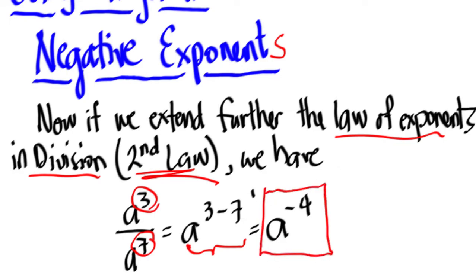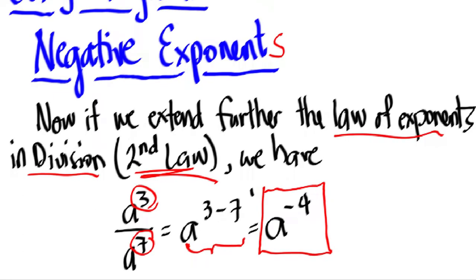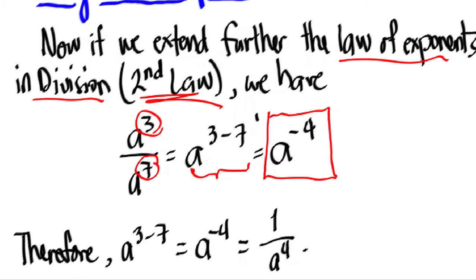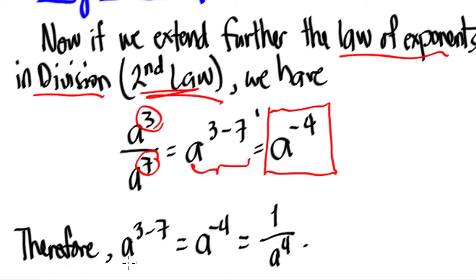So what does this a raised to minus 4 mean? Therefore, by the definition of division, a raised to 3 minus 7 is equal to a raised to minus 4. To ease things, just put in your minds that whenever we have a minus sign in the exponent, we cannot operate with it by itself.